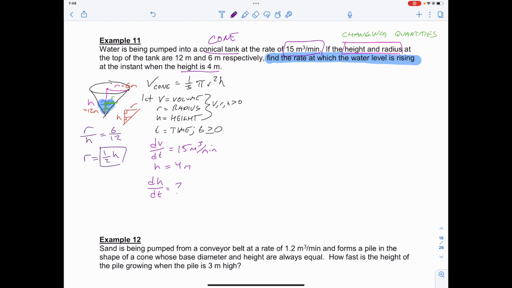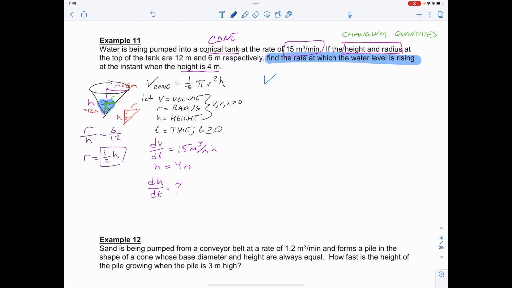Now, one thing is that we don't know the rate of change of the radius over time, and it's not actually what we're trying to solve, which means that in this case, where we saw the steps that we have to do, step 4 says eliminate variables. Well, this is where that's going to apply.